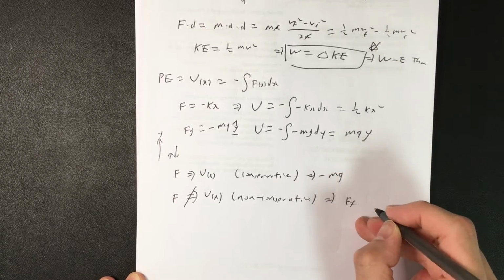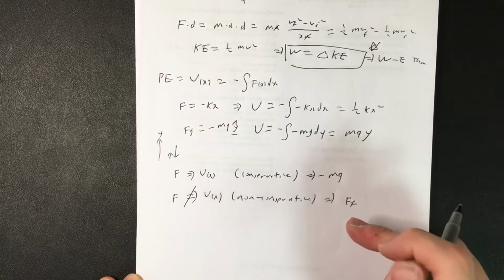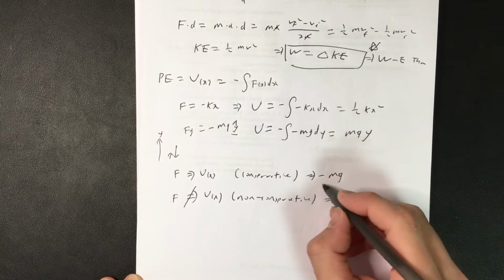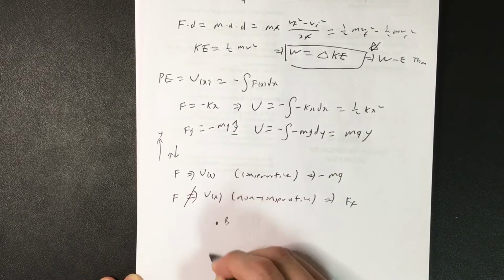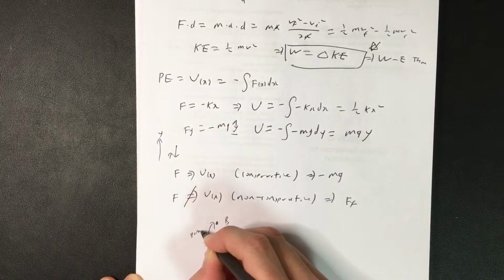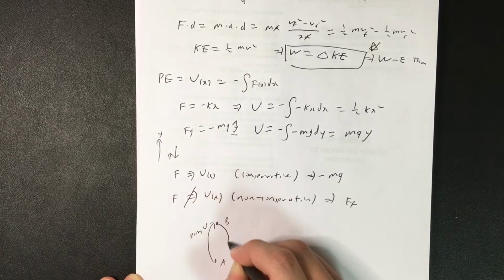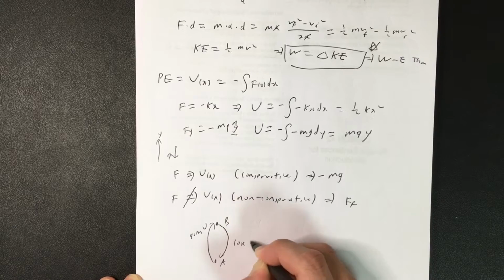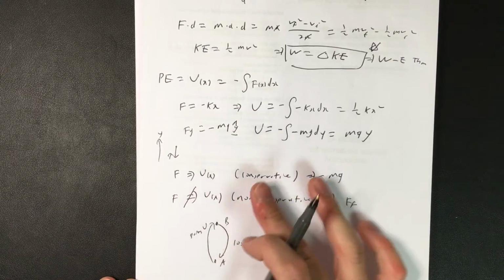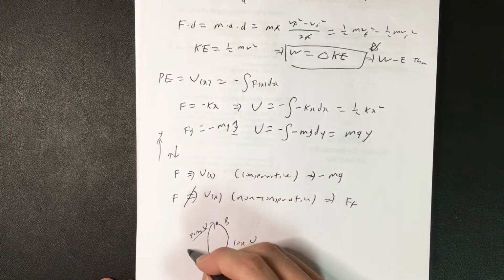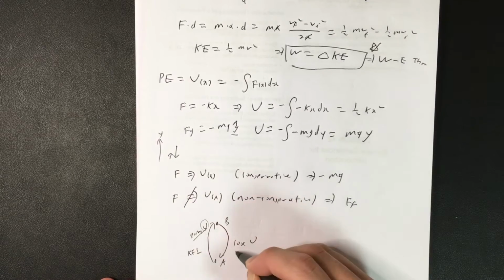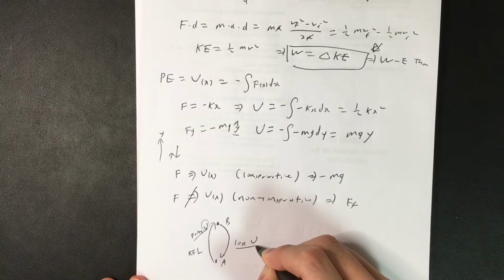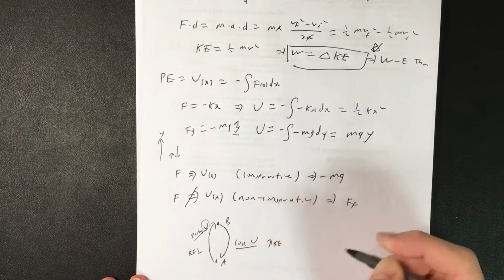The reason why the force of friction is not a conservative force is that, for example, for gravity, if I bring an object from point A to B, this gains potential energy, and if I bring this back, this should lose potential energy. And since potential energy is gained, kinetic energy is lost, and since potential energy is lost, kinetic energy is gained.